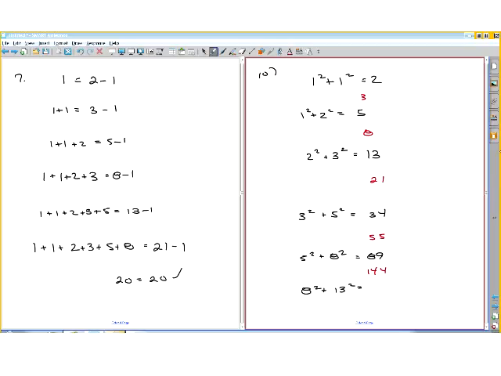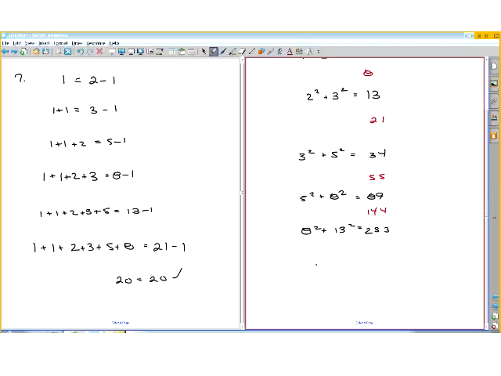And then we add these two together: 9 plus 4 is 13, 8 plus 4 is 12, carrying 1, so you get 13. And then we have another one, which would be 233. So let's see if that's true. We're checking it by adding these two numbers. 8 squared is 64. 13 squared is 169. And if we take 64 plus 169, we get 233.